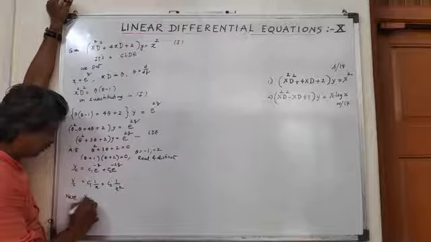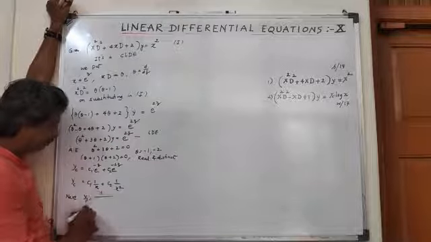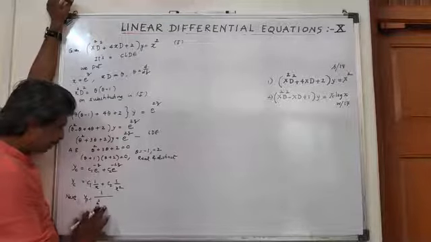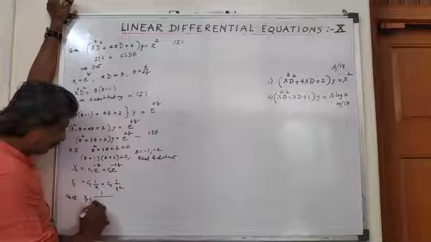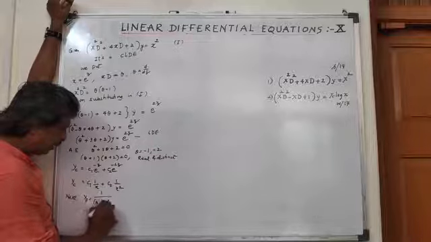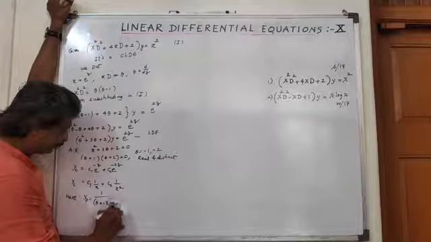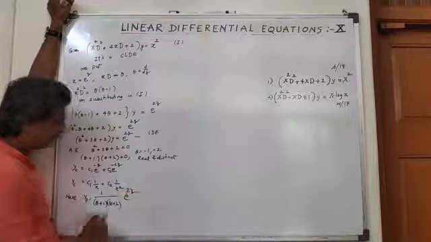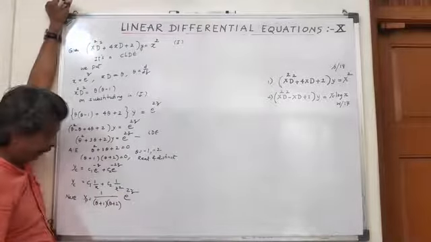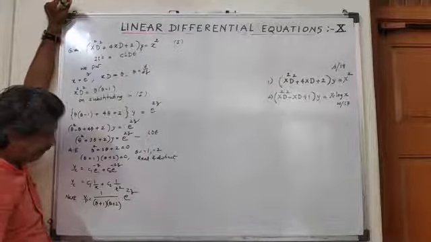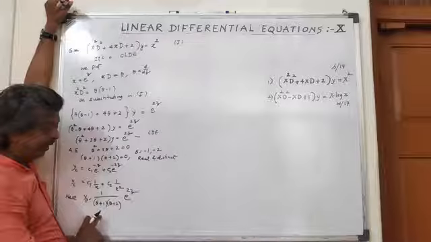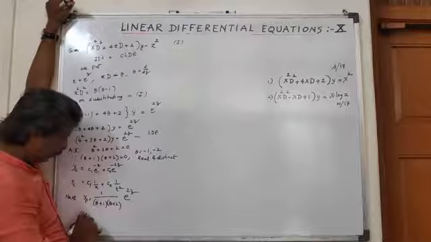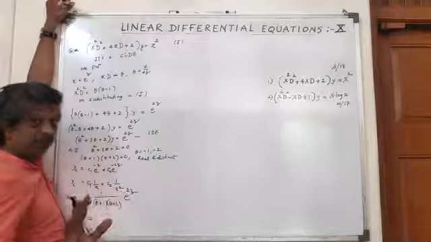Next, yp is 1 upon theta plus 1 into theta plus 2 operating on e raised to power 2z. That is, one upon f of theta into the right hand side, which is a function of z. So this is an exponential case.